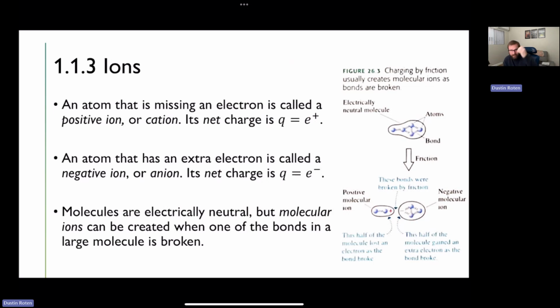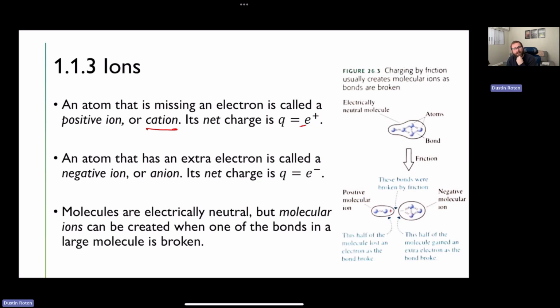This is more of a chemistry thing, but an atom that is missing an electron is called a positive ion or a cation, and its net charge is plus E. This is just missing one, right? Because if it were missing two or three or four electrons, then we'd have a number out here in front, an integer.